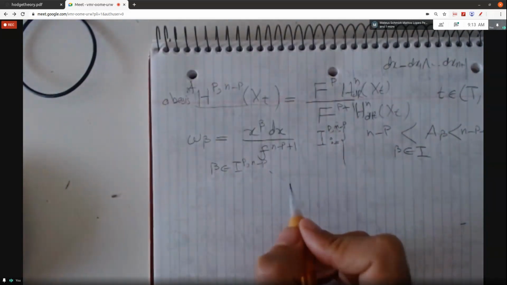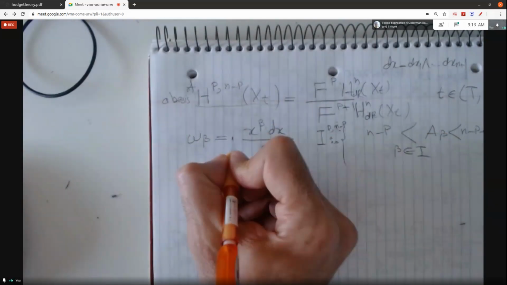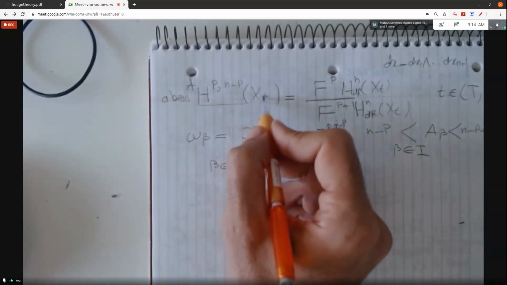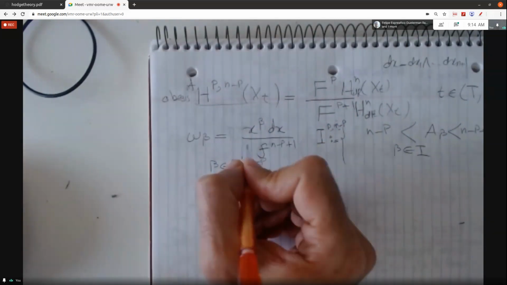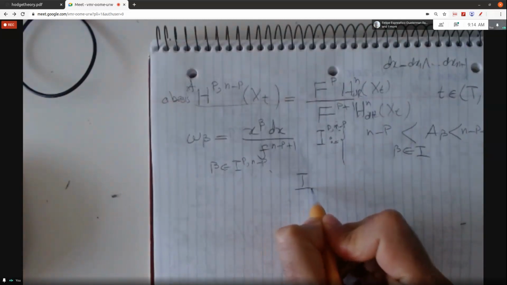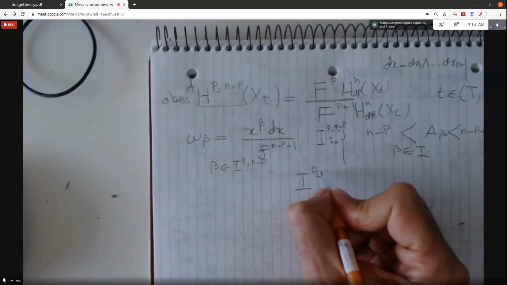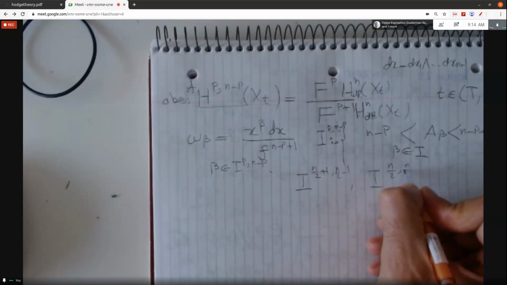So this means that at the end we have the knowledge of the basis of this kind. And actually, I will have to put a residue here, because this is given in the complement of a hypersurface. But by abuse of notation, I will not put residues. Anyway, at the end I will need just I_{n/2+1}, I_{n/2-1}, and I_{n/2,n/2}.